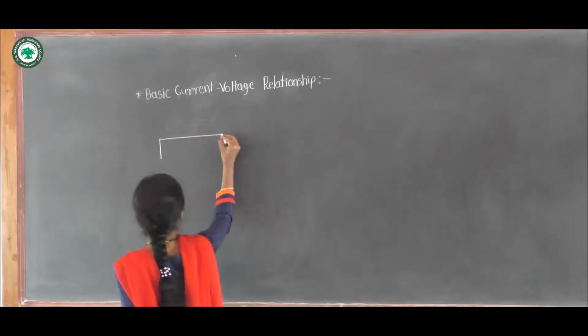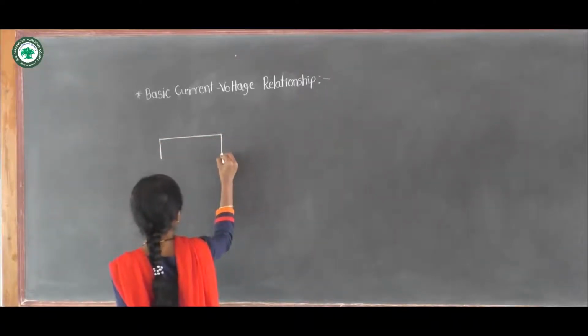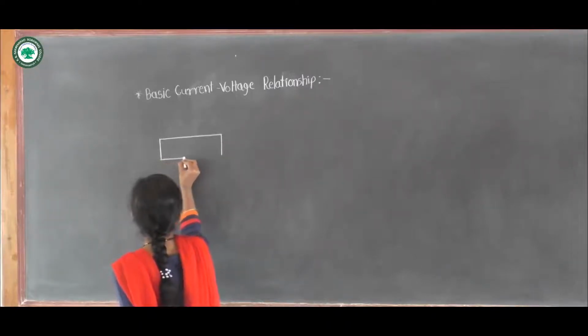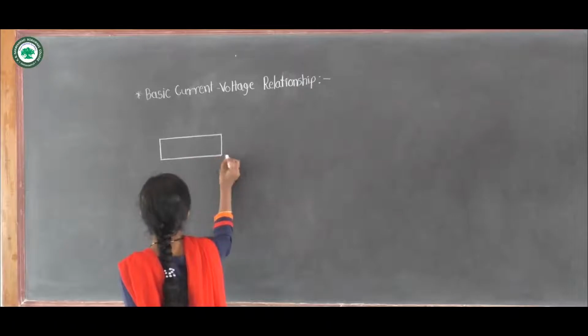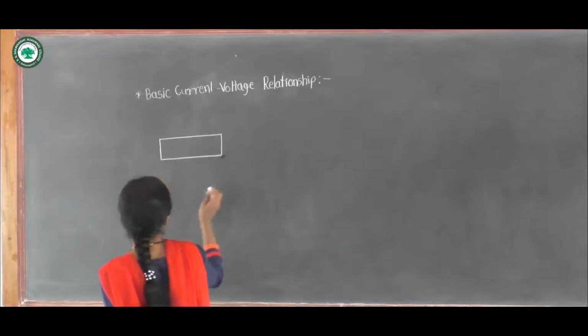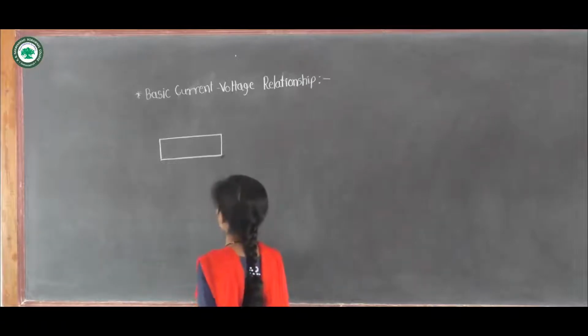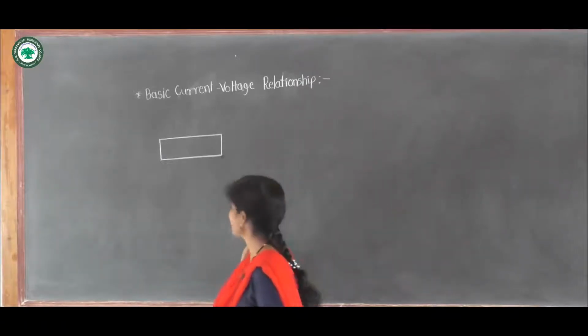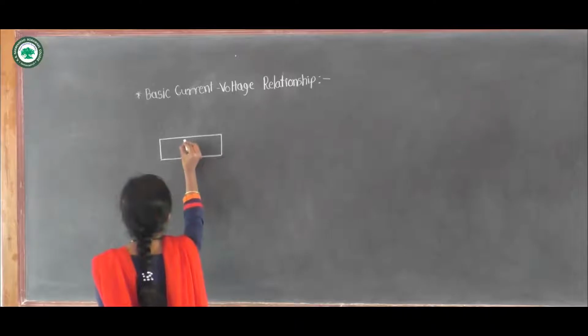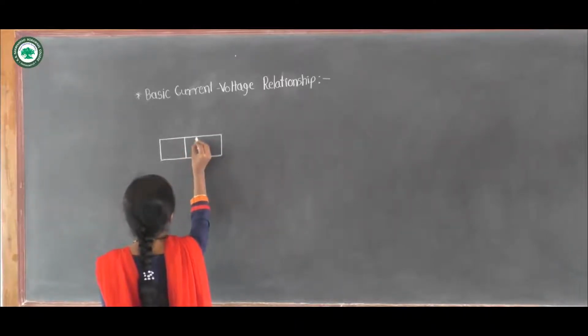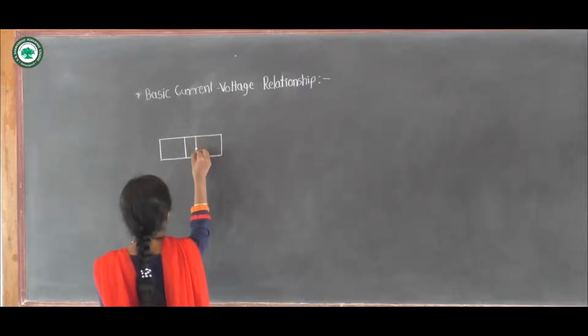So as we know, the transistor is a three-terminal device, that is, it consists of three different regions, either PNP or NPN transistor. So in case of PNP transistor, there are three different regions.